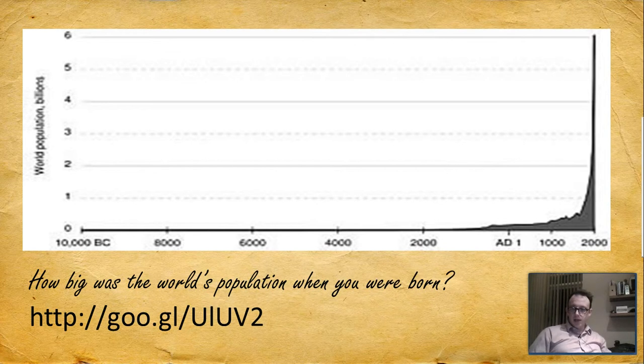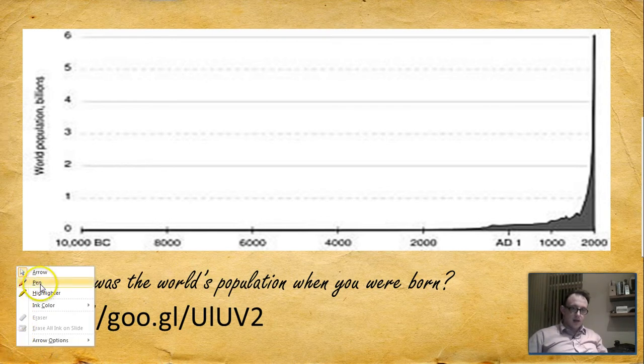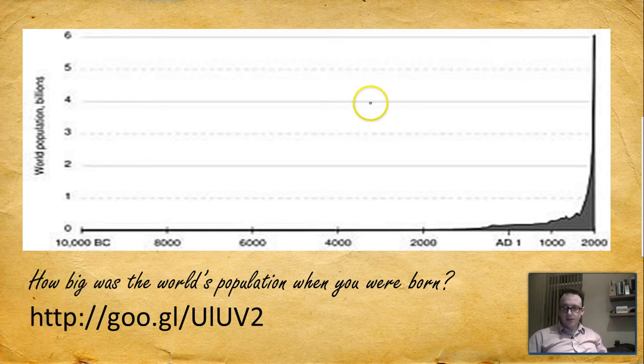This is a graph to show world population in billions. I'm starting in 10,000 BC, going all the way up to 2000. In 2000, we had a world population of around 6 billion. In 2012, it reached 7 billion.